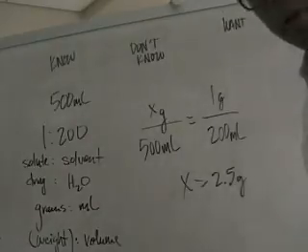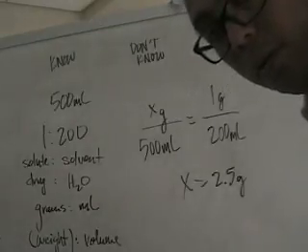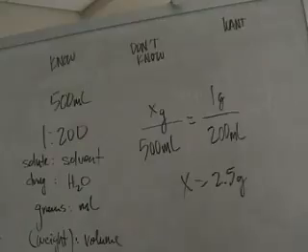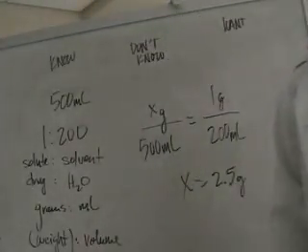Let's see if I'm in picture or in focus. Okay, good. This is a big one, calculating ratio strength. Really important. Let's try another one. So the solute is 1, right? Everything's on the same side.